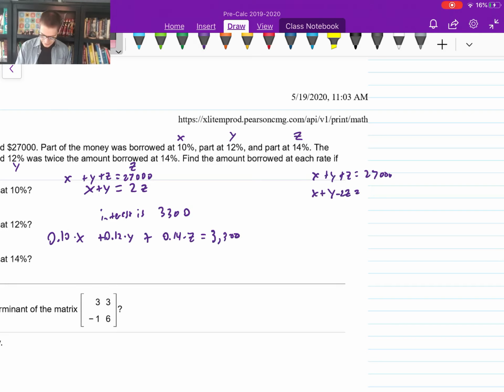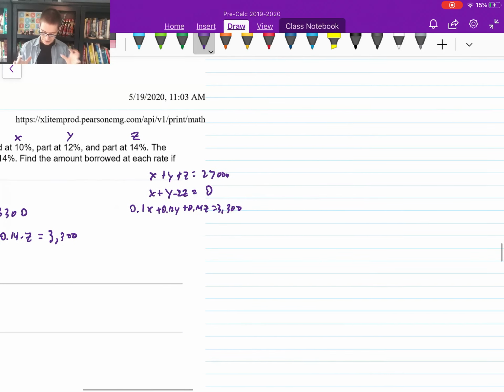That's important, because that way we can keep all the variables lined up pretty simply. And then we could say 0.1x plus 0.12y plus 0.14z equals 3,300.